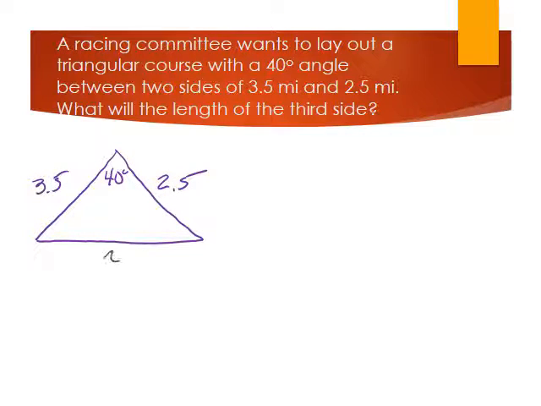So I want to know what this side is. Again, I've got my included angle. So x squared is going to equal 3.5 squared plus 2.5 squared minus 2 times 3.5 times 2.5 times the cosine of 40.